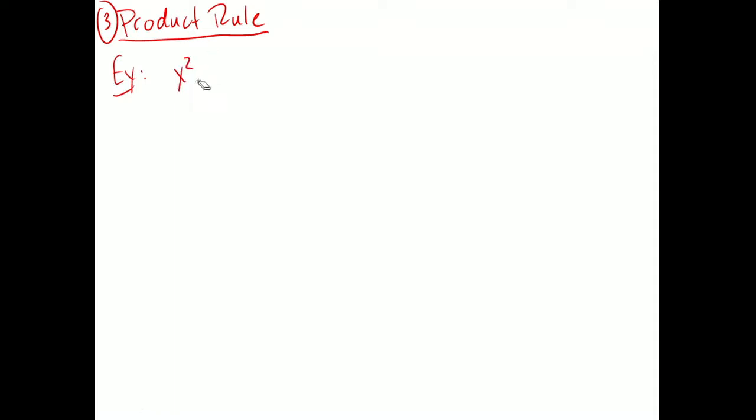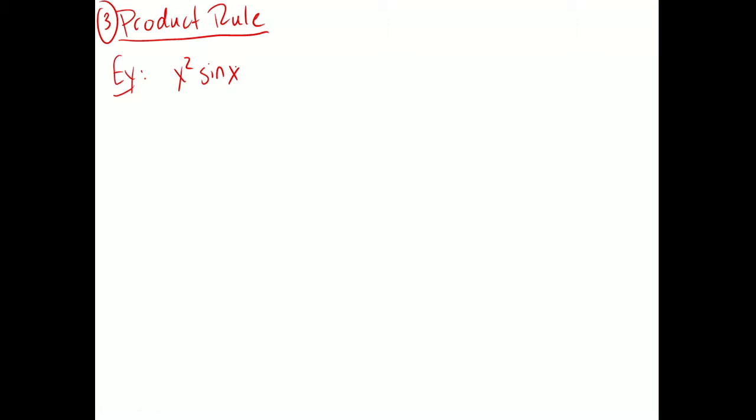Oh, e to the x is actually not a great example. Let me pick somebody else here. Maybe sine of x. Okay, so the question, as it's been for a while now, is what's the derivative of this? So what's the derivative of x squared times sine of x?